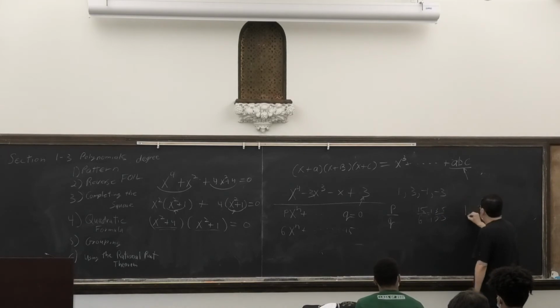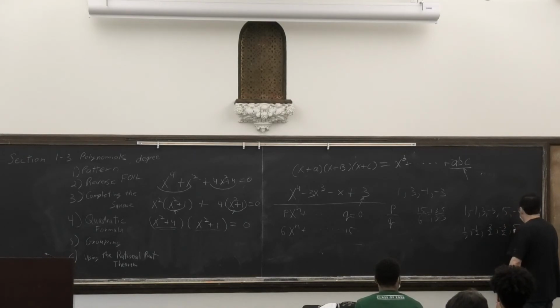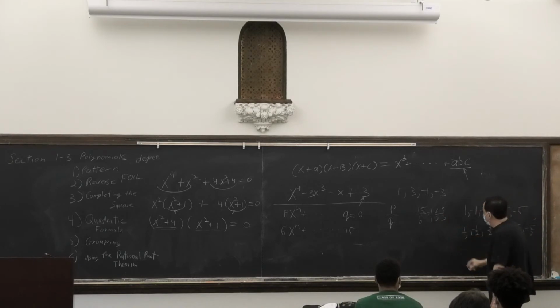There's 1, -1, 3, -3, 5, -5, 1/2, -1/2, 3/2, -3/2, 5/2, -5/2, and you've got 3 here.